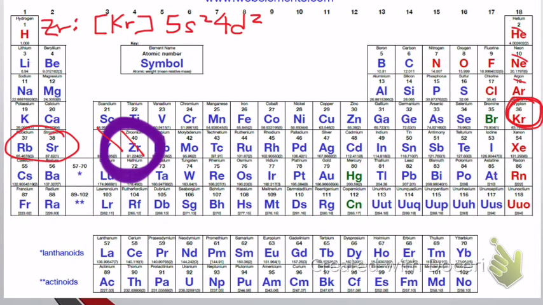Or if you're asked to write it all the way out longhand, zirconium would be equal to 1s2. Here, let's erase some of this so that we can see what we're doing.